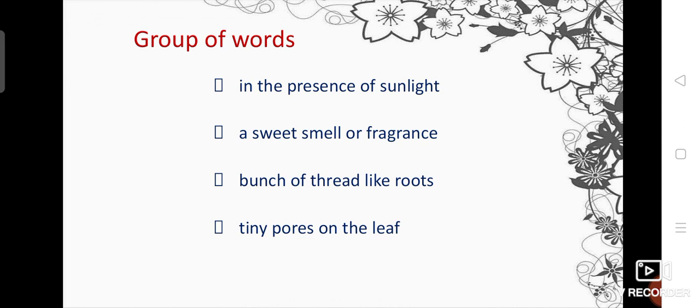I told you fibrous means thread-like, isn't it? The last one, tiny pores on the leaf. Tiny means very small. Pores means holes. Small holes are present on the leaf. That is called tiny pores on the leaf.